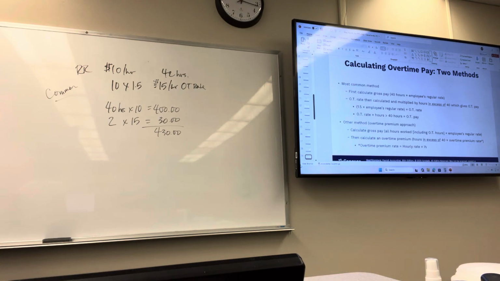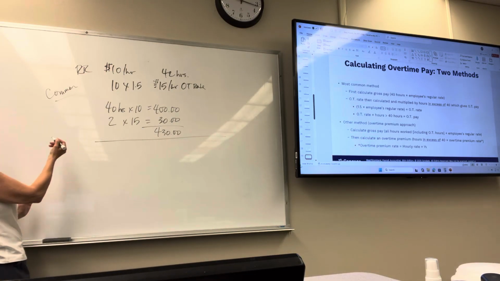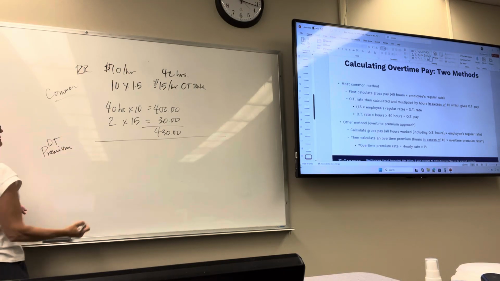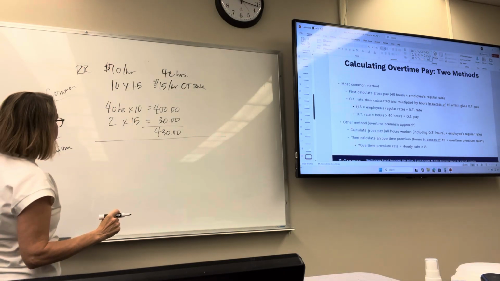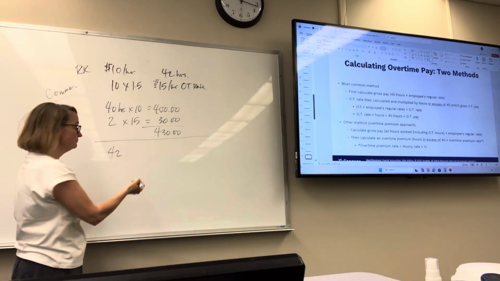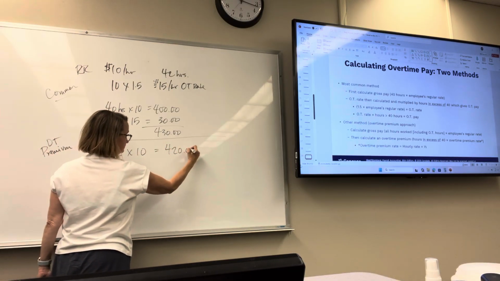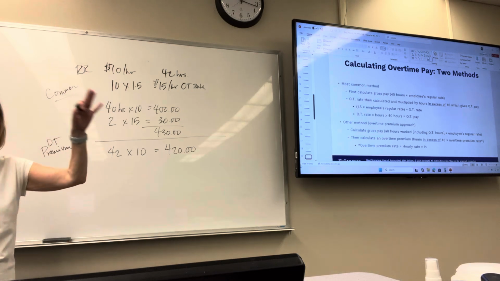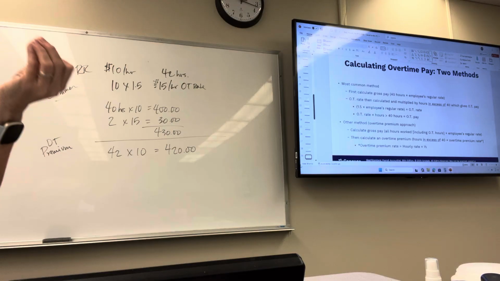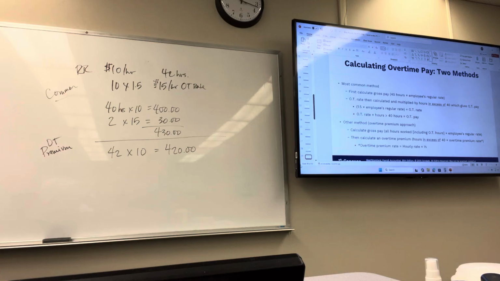There's another way to do it. It's called the overtime premium method. And like I said, this is the method that we're going to use. Hopefully you can all see this. What we would do, we've got 42 hours. We would multiply all 42 hours by our regular rate. And then we would want to calculate what our overtime premium is. This is the amount that is over and above our regular rate that we're getting paid for those hours on an hourly basis, right?